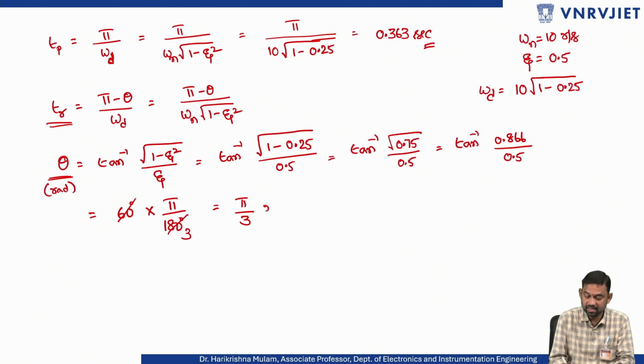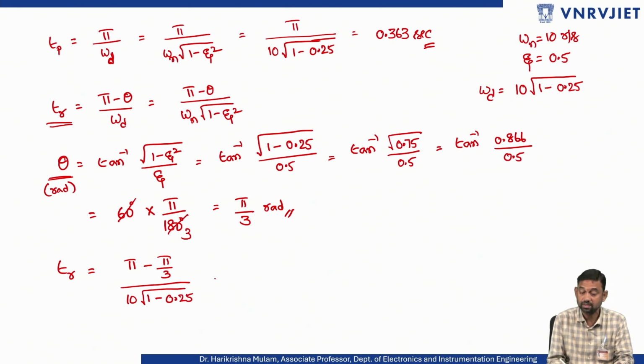Pi by 3 radians is the value of theta. Therefore, the rise time is equal to pi minus pi by 3, whole divided by 10 square root of 1 minus 0.25.